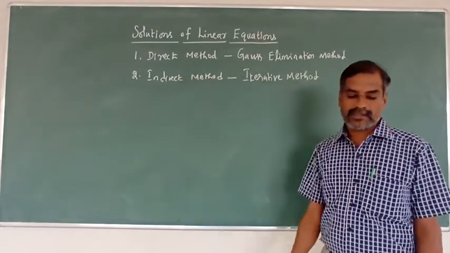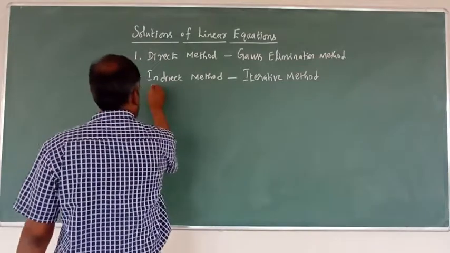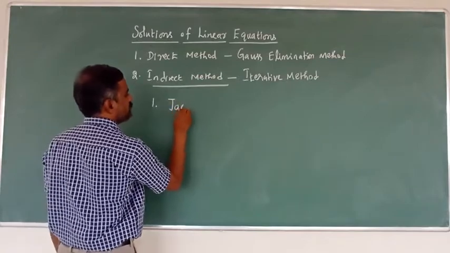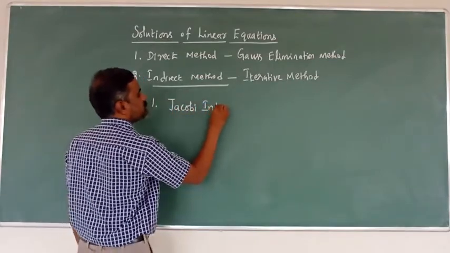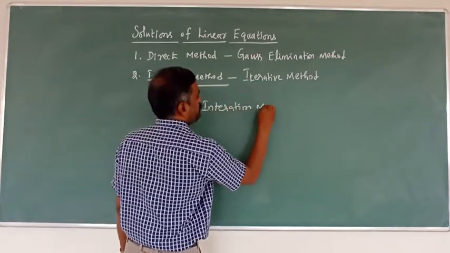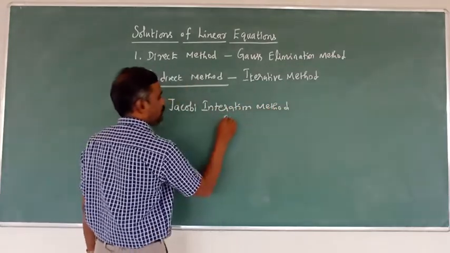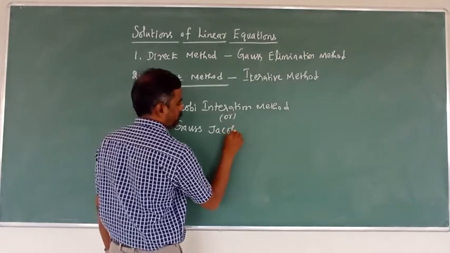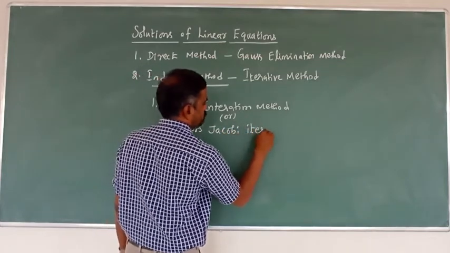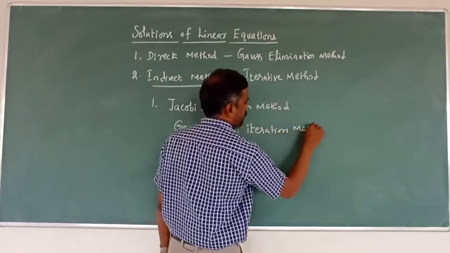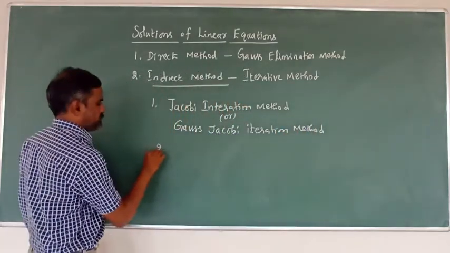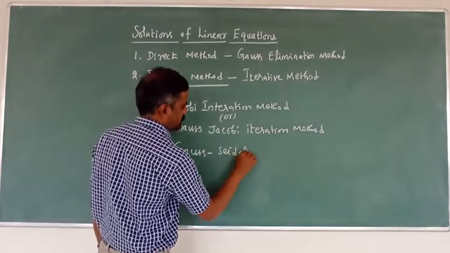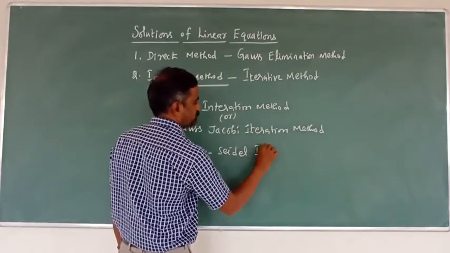For this method, there are two types. First one, the Jacobi iteration method, or Gauss-Jacobi iteration method, and the second one, the Gauss-Seidel iteration method.